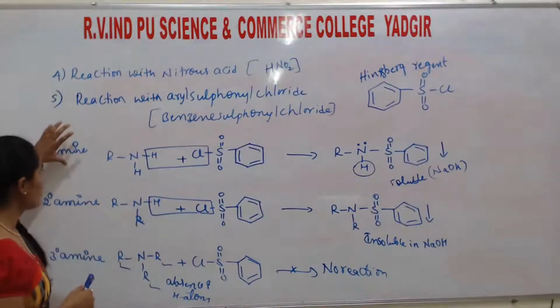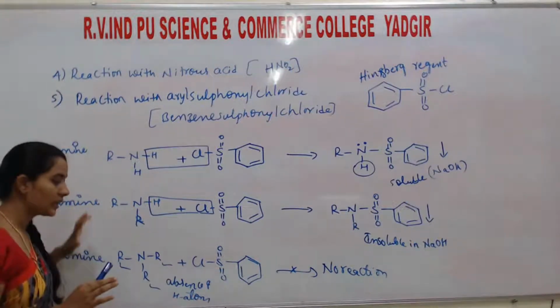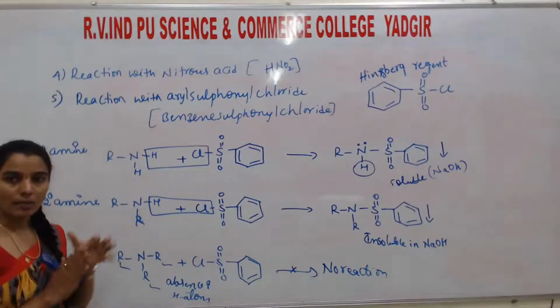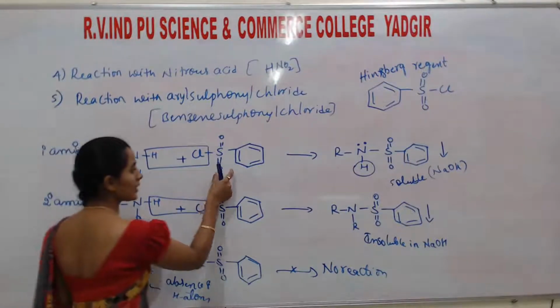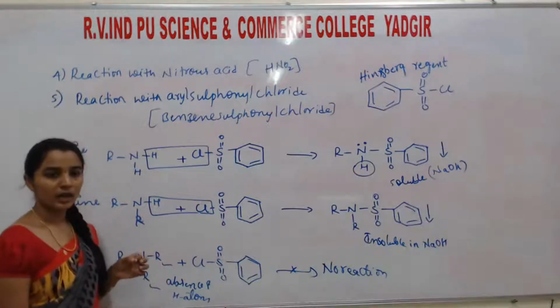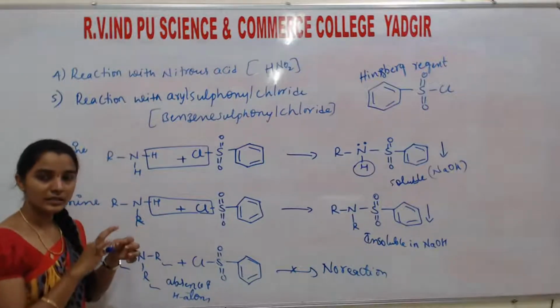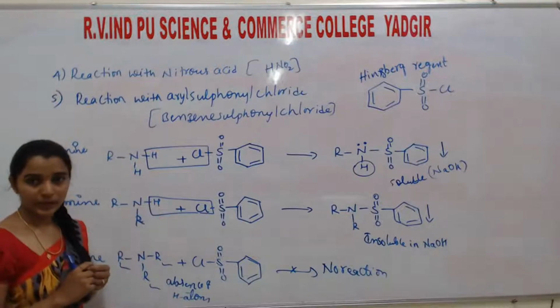So listen, given an amine, we don't know whether it is primary, secondary, or tertiary. So in one test tube, we are taking the amine. We don't know which type of amine it is. So we are adding this aryl sulfonyl chloride. In a test tube, if we add the benzene sulfonyl chloride, we will get a white color precipitate.